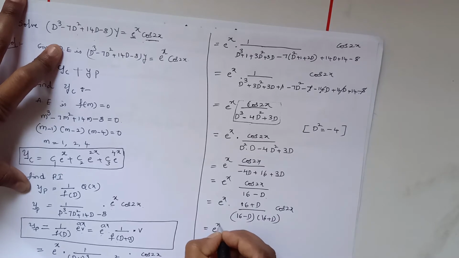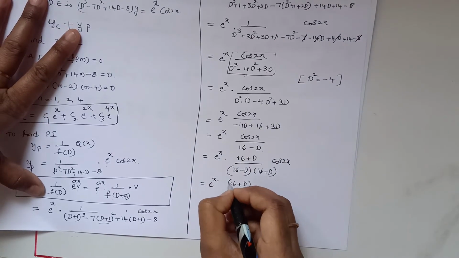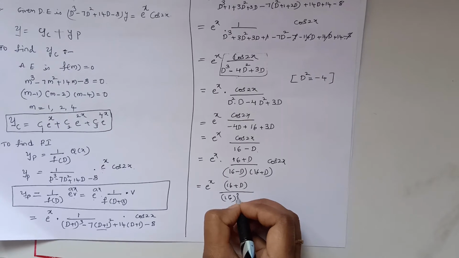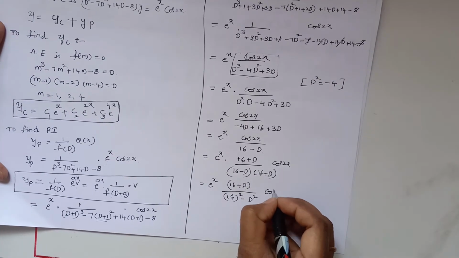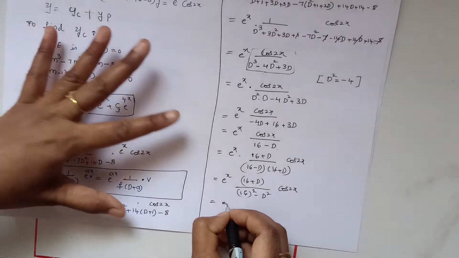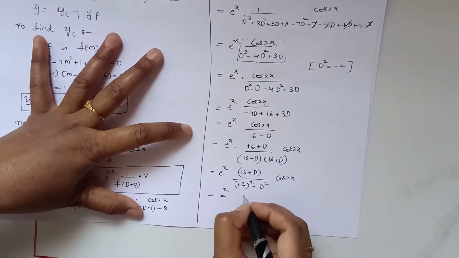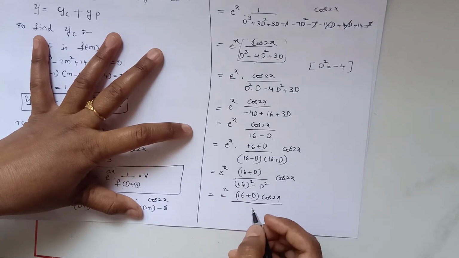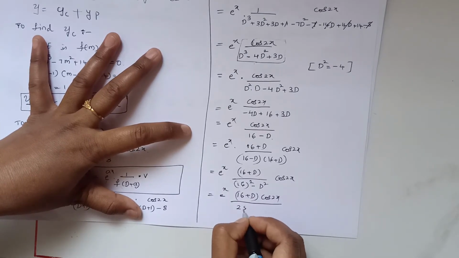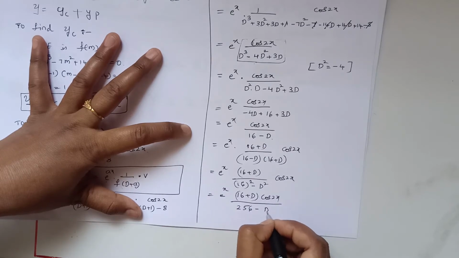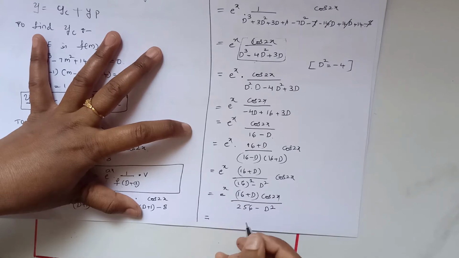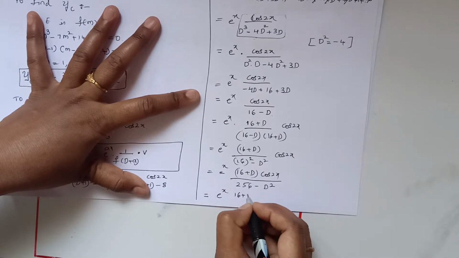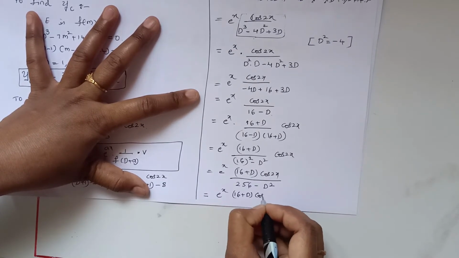This is equal to e power x (16 minus 3D) by 16 square minus 9D square, cos 2x. 16 square is 256 minus 9D square.